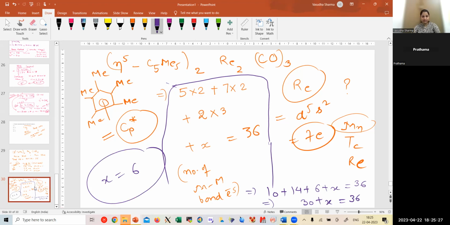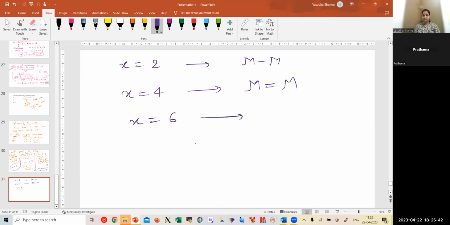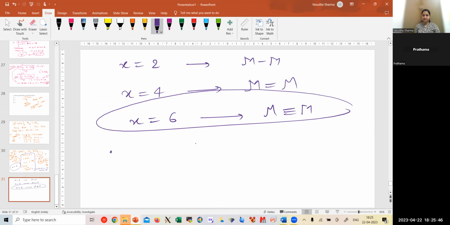As we already discussed, if X equals 2, that means a single bond. If X equals 4, a double bond; it will always be an even number because one bond is 2 electrons. If it is 6, there is an M triple bond M. Therefore, since our answer is X equals 6, rhenium and rhenium are making a triple bond.